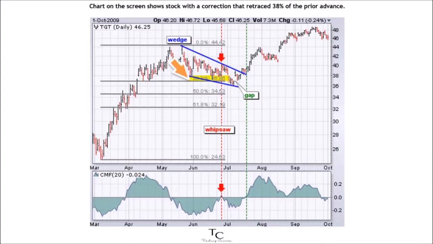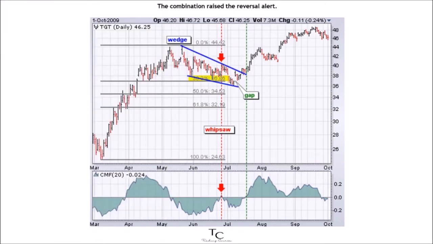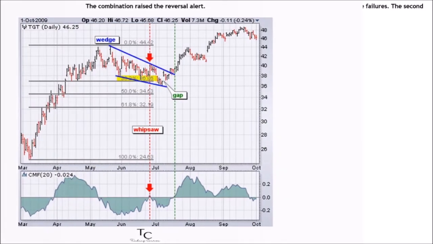The chart on the screen shows a stock with a correction that retraced 38% of the prior advance. This decline also formed a falling wedge, which is typical for corrective moves. The combination raised the reversal alert.